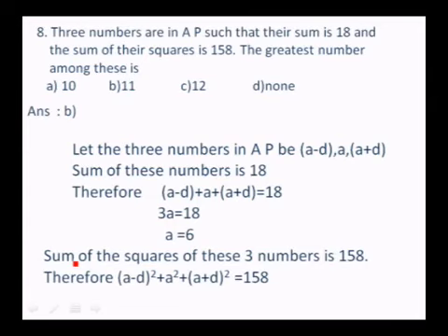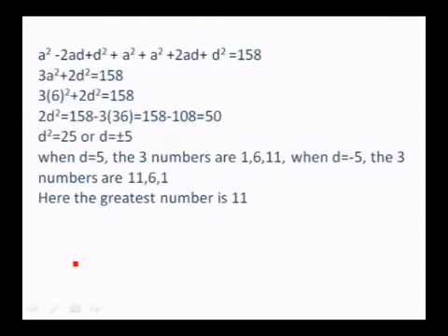Let the 3 numbers in AP be A minus D, A, A plus D. Sum of these numbers is 18. Therefore, A minus D plus A plus A plus D is equal to 18, 3A is equal to 18, or A equals 6. Sum of the squares of these 3 numbers is 158. So, (A minus D) whole square plus A square plus (A plus D) whole square is 158.